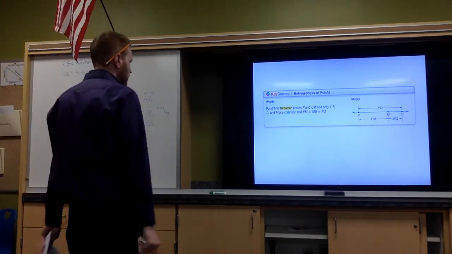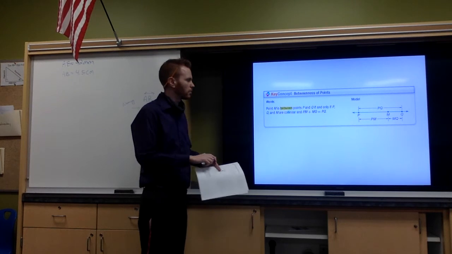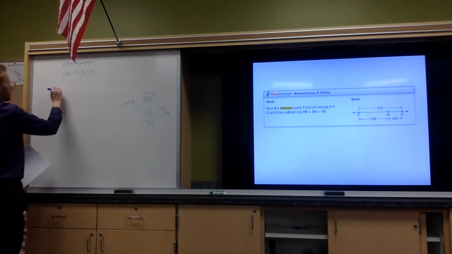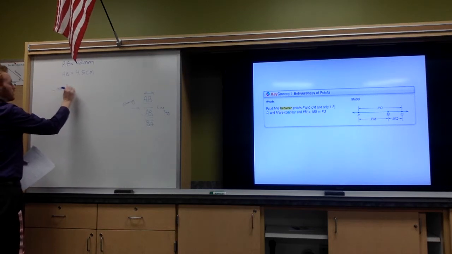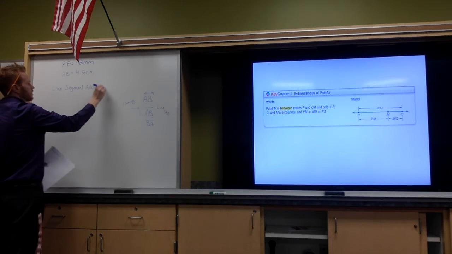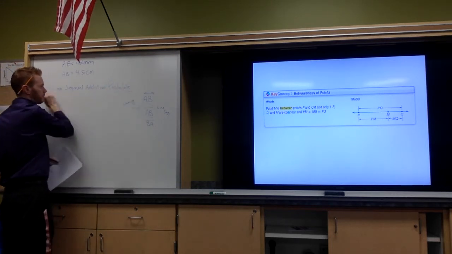So, betweenness of points. I'm modeling this off of a textbook, that's why it's worded the way it is. This is also called the line segment addition postulate, another name for it.